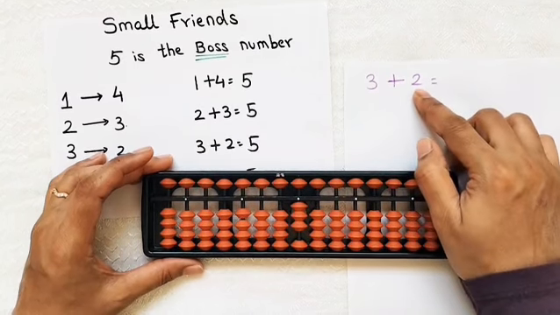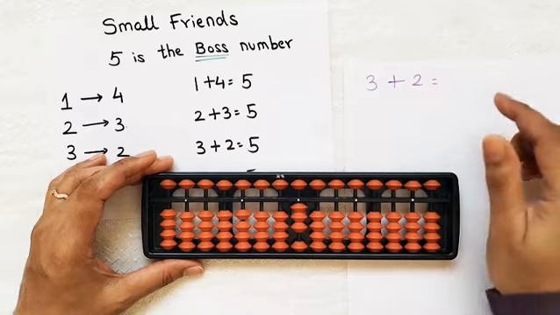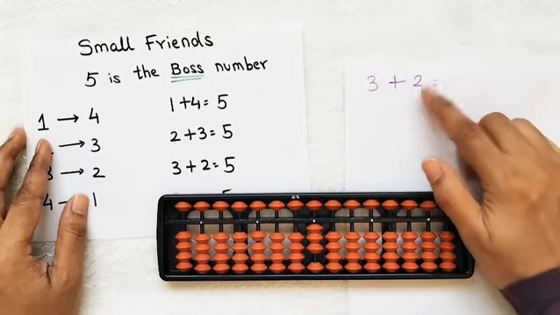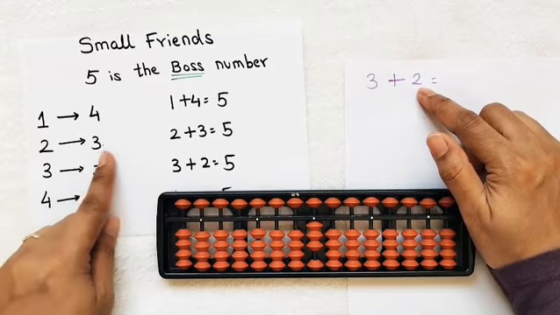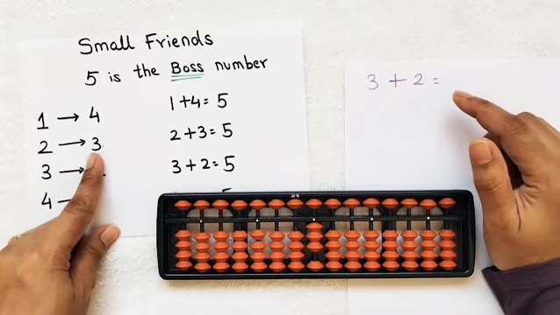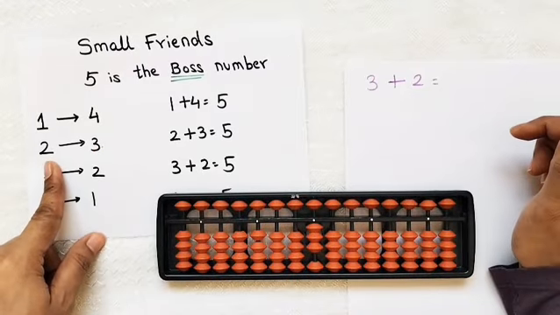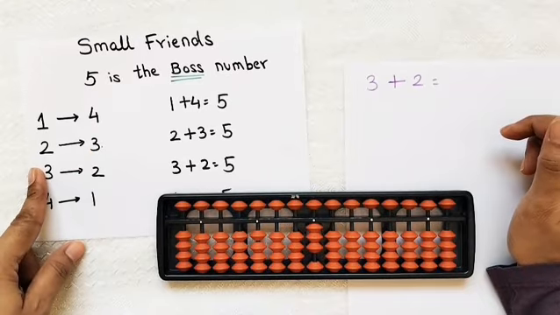Now we need to add 2. We don't have enough beads. So we take the help of small friends. Now we have to check who is the friend of 2. So we know that 3 is the friend of 2.